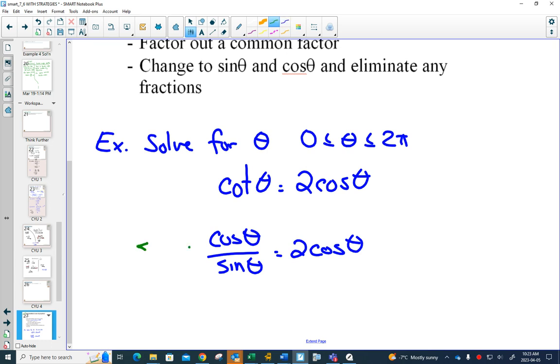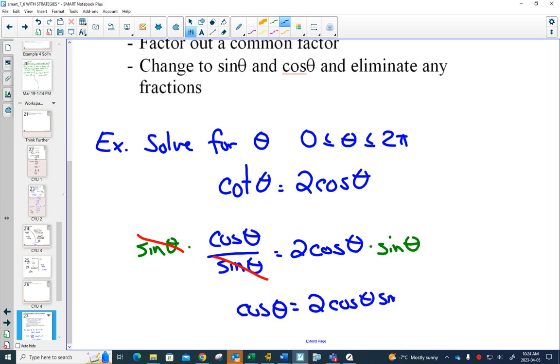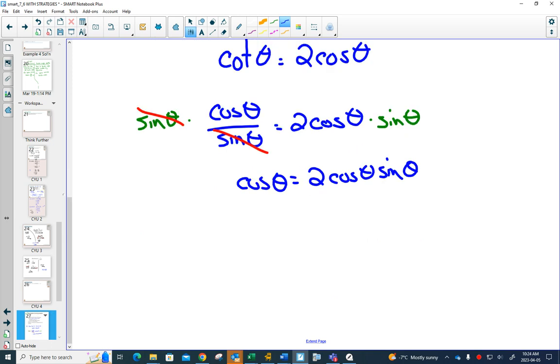For example, if I multiply this side by sine theta, then I have to multiply this side by sine theta. My sine theta on this side would simplify, getting rid of the fraction, and I'd be left with only cos theta equals 2 cos theta sine theta. And there was one very similar to this on your first take-home quiz.